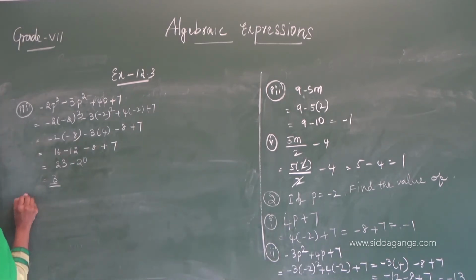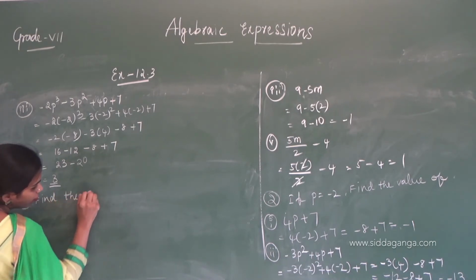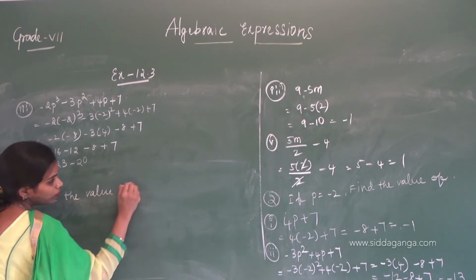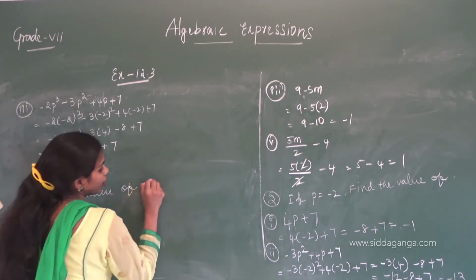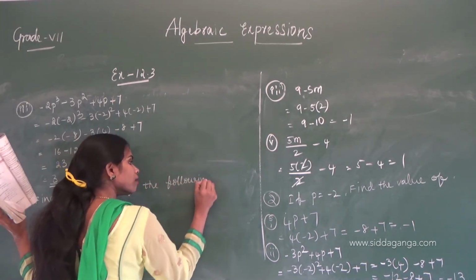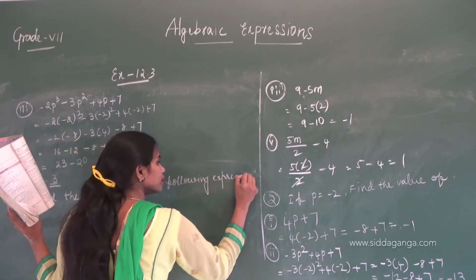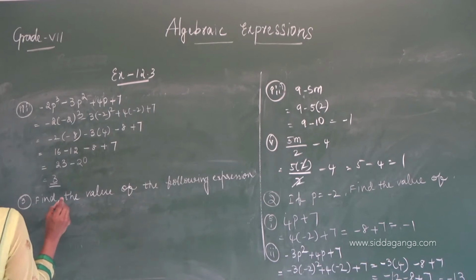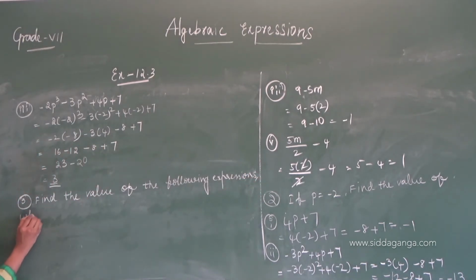Third question, children: find the value of the following expressions where x equals minus 1.